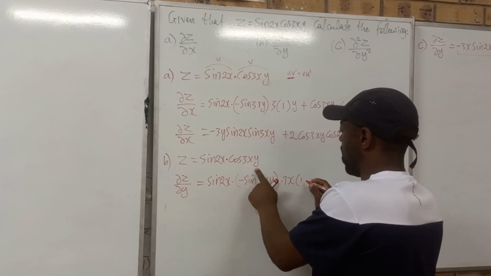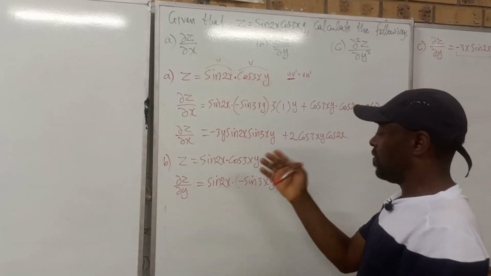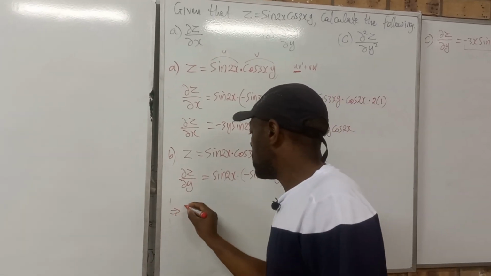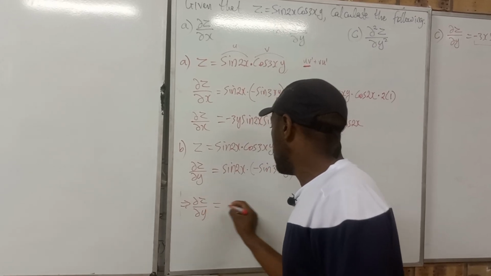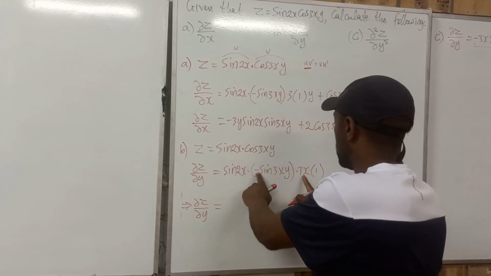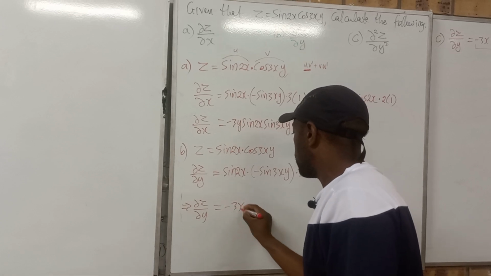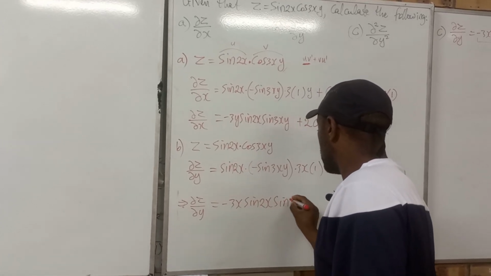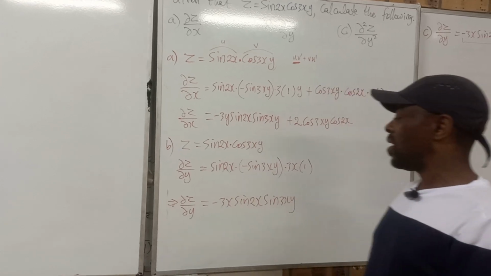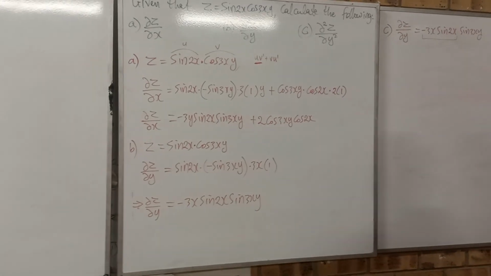Then I differentiate y. I get a 1, which if I simplify, I will see that my derivative of z with respect to y is negative 3x sine 2x sine 3xy. So that is how it is.